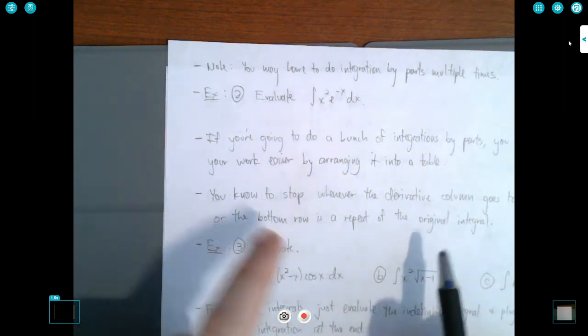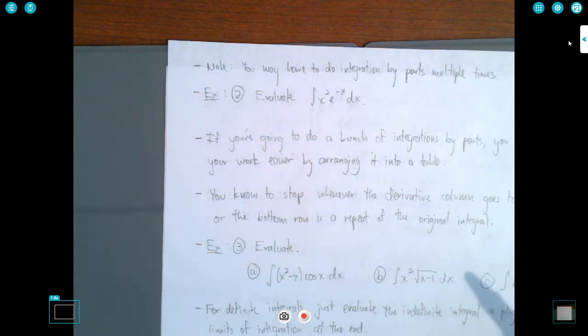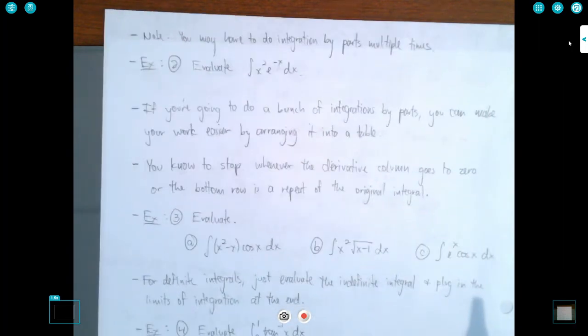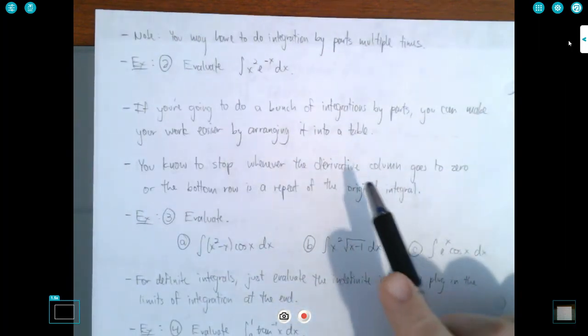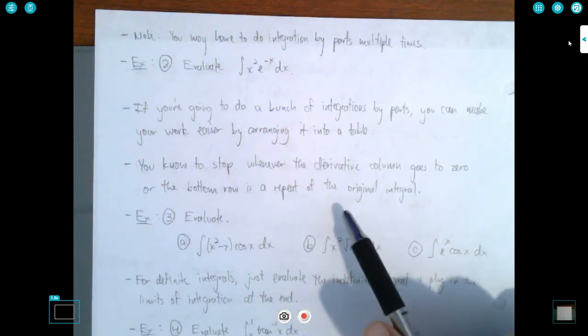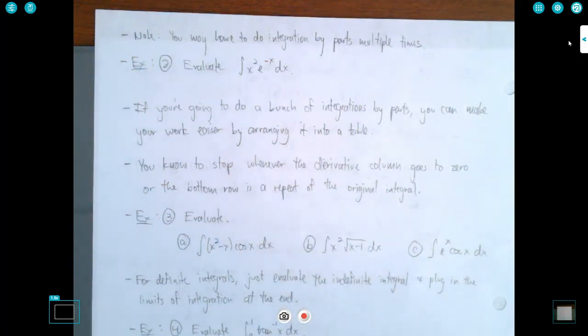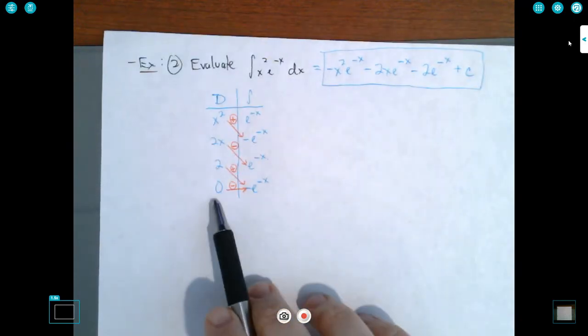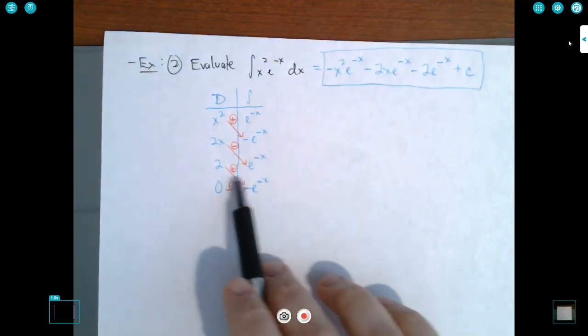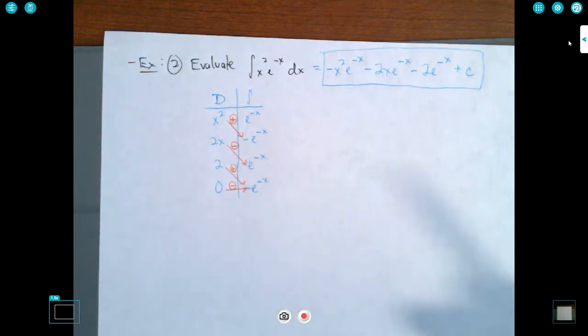So that's two ways that you know when to stop. Of course, there are other reasons that you would stop. Like if your derivative column isn't going to go down to 0, but you're also not going to get a repeat of the original, but when you get to that last row you notice that it's something that's easy to integrate, well, then you can stop as well, right? So you stop when you get to something that's easy to integrate.